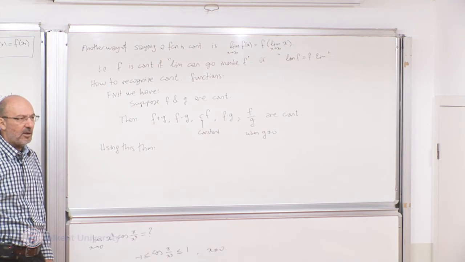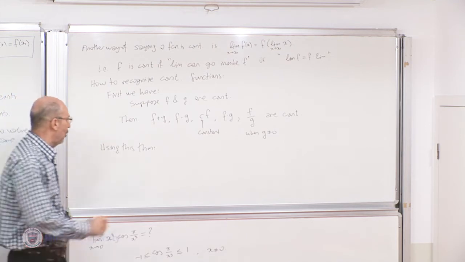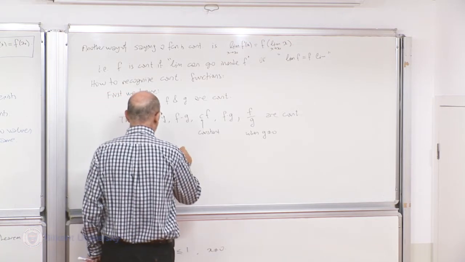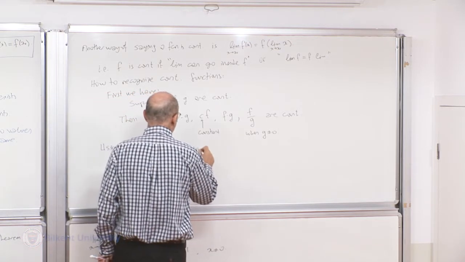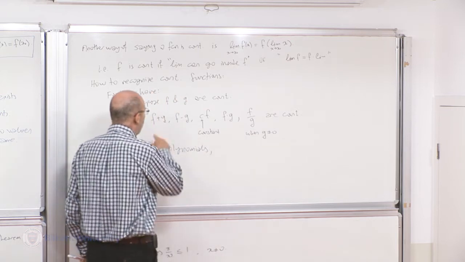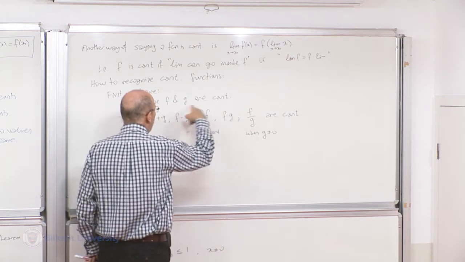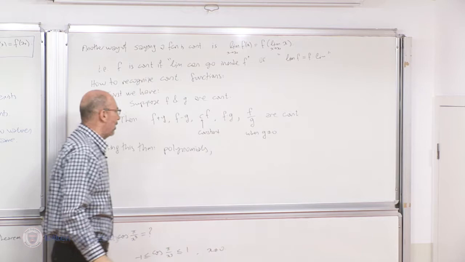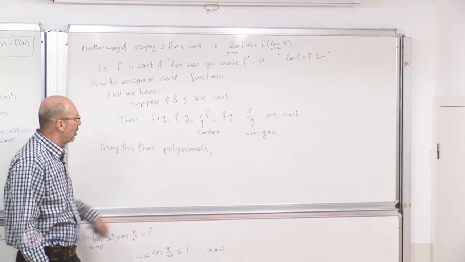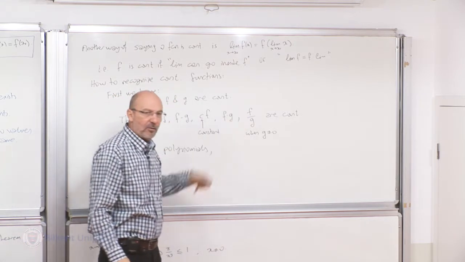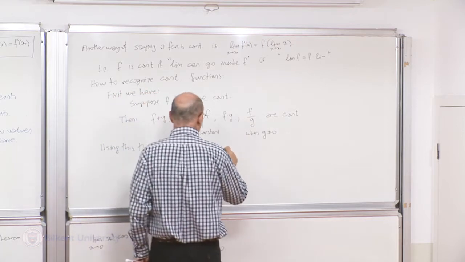Okay, so that was the reason why we immediately calculated the limit of a polynomial. Okay, so polynomials, you can use this part to show that a polynomial is continuous. Then you can use this part to show that rational functions are continuous.